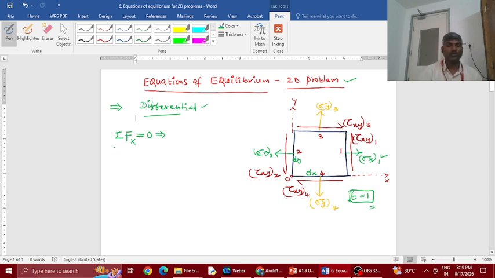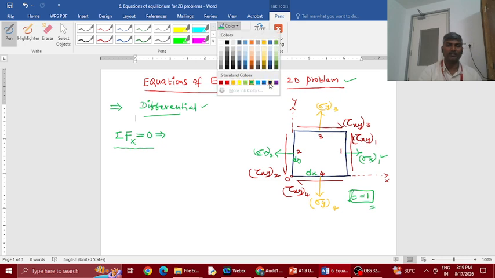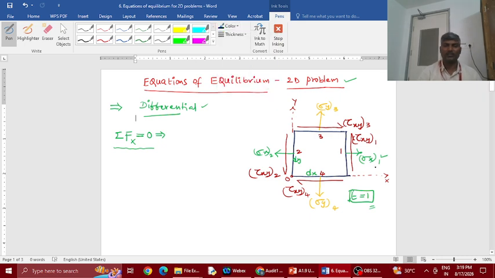So let us apply sum of x forces 0. What are all the x forces that are there for us? This is in x direction and this is in x direction, this is also in x direction, and this one. So there are 4 stresses, and convert them into forces.